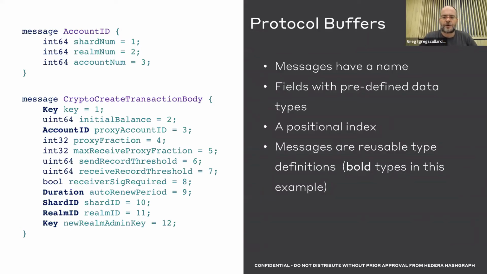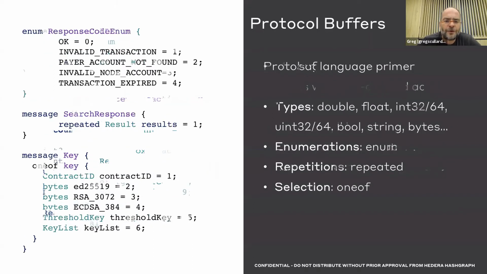So let's look a little bit further on. We have some data types within protobuf: double, float, integer 32, unsigned integer 32, 64, Boolean, string, bytes. There's a whole bunch of likely candidates for data types. Enumerations, repetitions. So you can have in the search response, for example, repeated results.